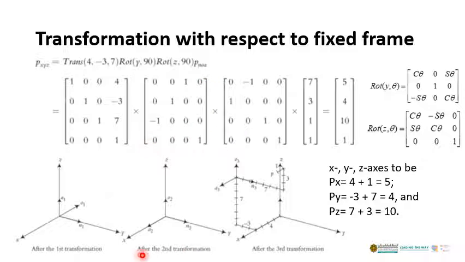Okay. Now let's say initially they all are coinciding with each other. After the first transformation, which is basically the rotation about the z-axis by 90 degrees, you rotate about the z-axis, and that's why this one will go in this direction. When you say rotate 90 degrees, it means counterclockwise, so it goes in this direction.